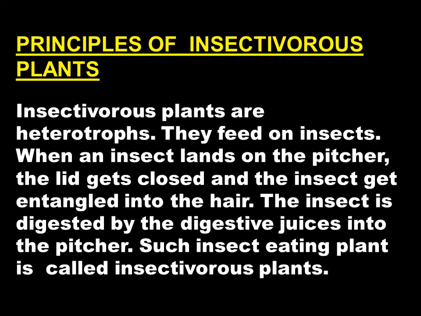When an insect lands on the pitcher, the lid gets closed and the insect gets entangled in the hair. The insect is digested by the digestive juices in the pitcher plant. Such insect-eating plants are called insectivorous plants. It traps insects by its color and its fragrance.